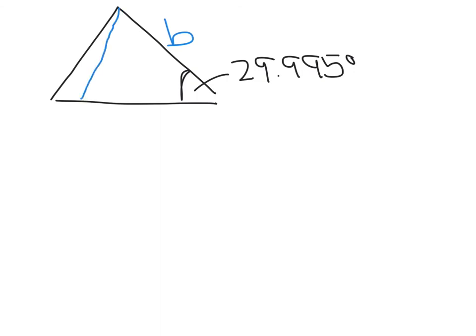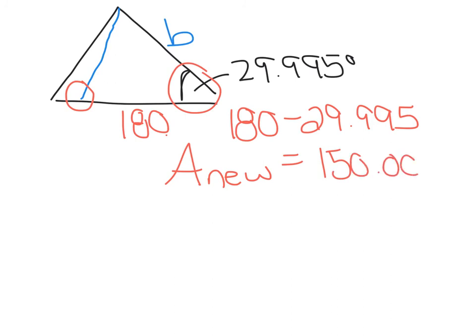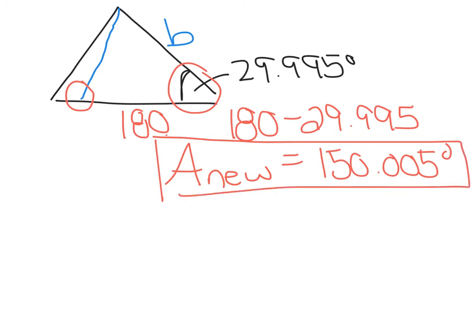The beauty of that is that this angle and this angle right here have to be supplementary. They need to add up to 180. So to find my new angle A, you would do 180 minus 29.995, which means that my A new is going to be 150.005 degrees. That makes sense because if you rotated it in, this angle A right here should be obtuse.